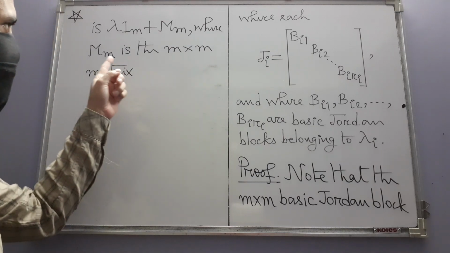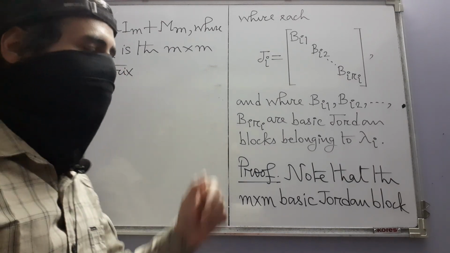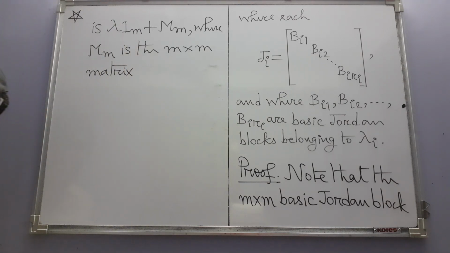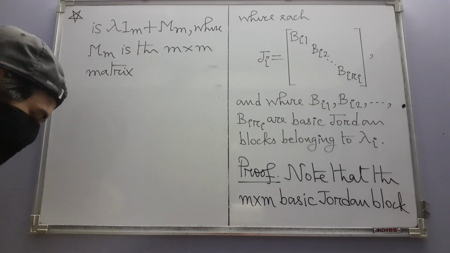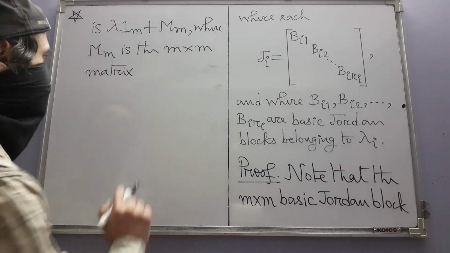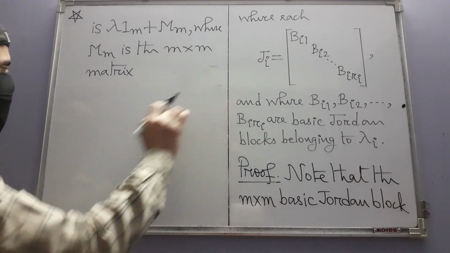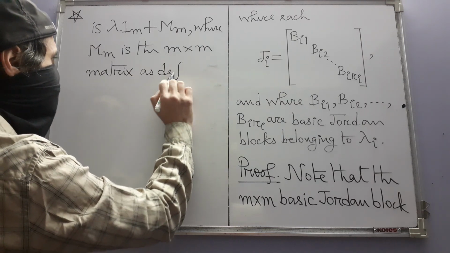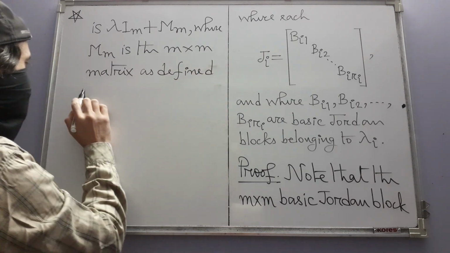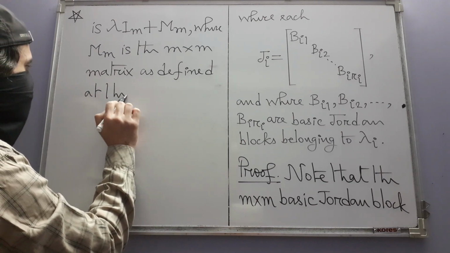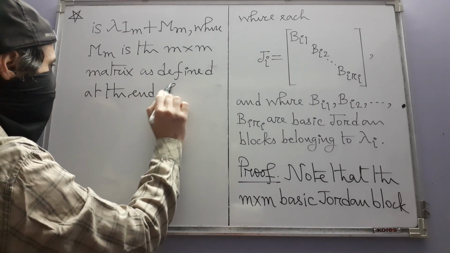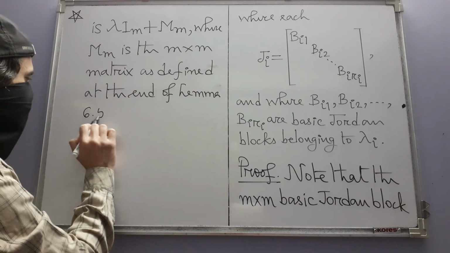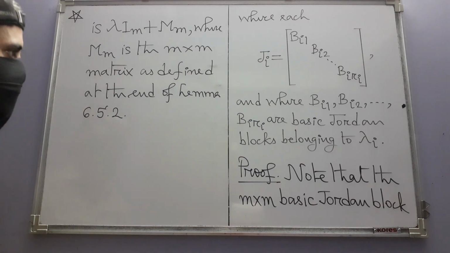And we defined these matrices M_m when we were studying nilpotent operators, if you remember, at the end of lemma 652. So that's what the author also writes, as defined at the end of lemma 652.